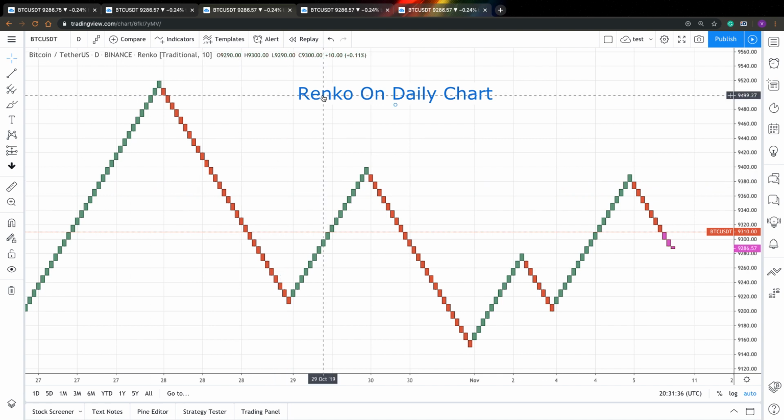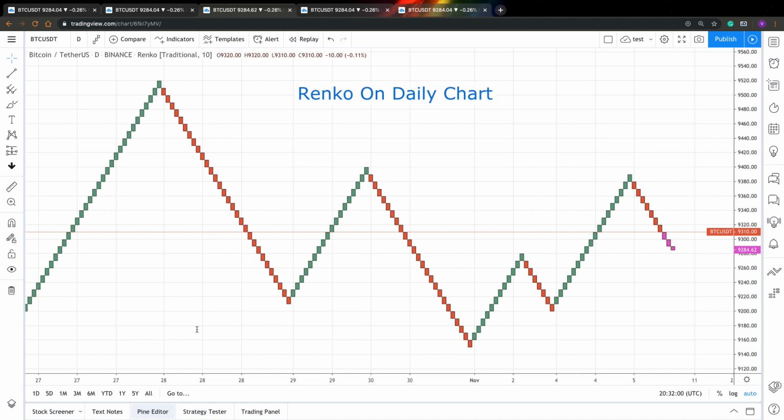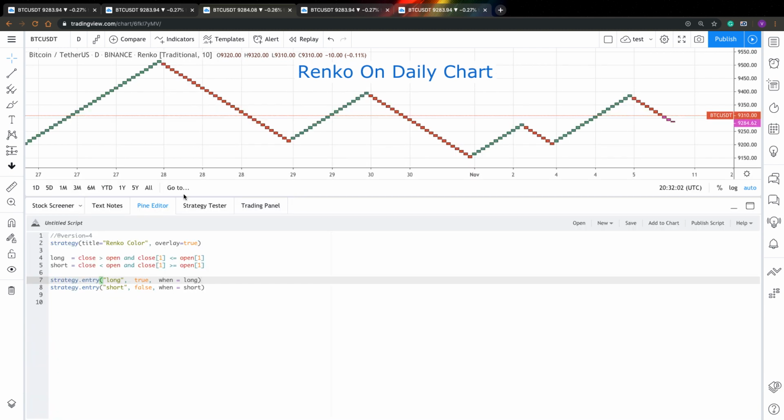For example, this Renko chart is built on top of daily open, high, low, close values, and one day for Renko is just, if you have a green candle on the daily chart, it will be a series of green candles. And of course, it's quite easy to create strategies that will work very well in this kind of condition.